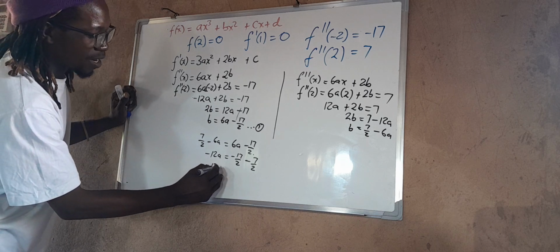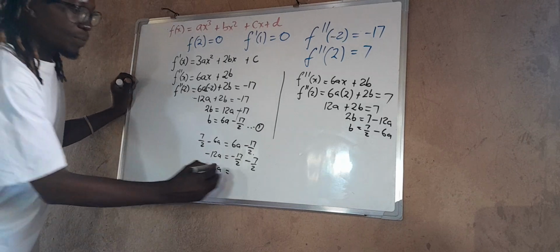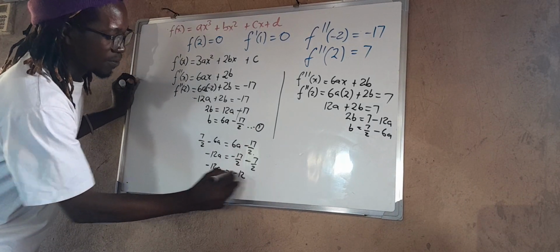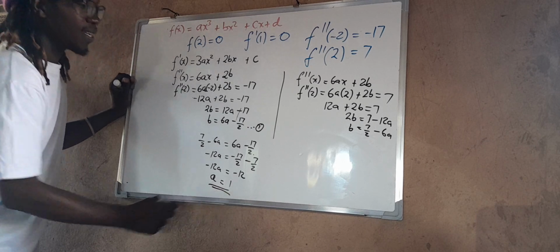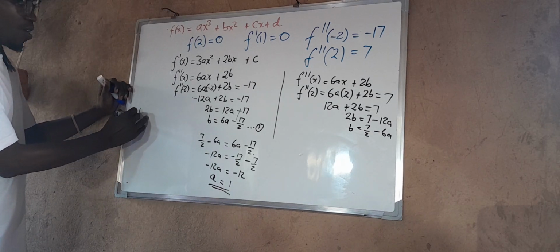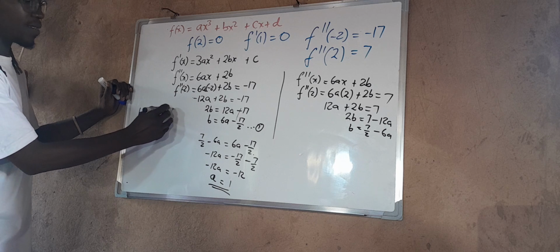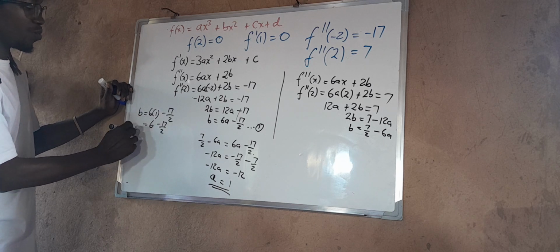So negative 12a becomes, if you add this, negative 12. So our a becomes 1, right? So we found the value of a. We can substitute anyway. So our b is equal to 6 times 1 minus 17 over 2. What do you find?